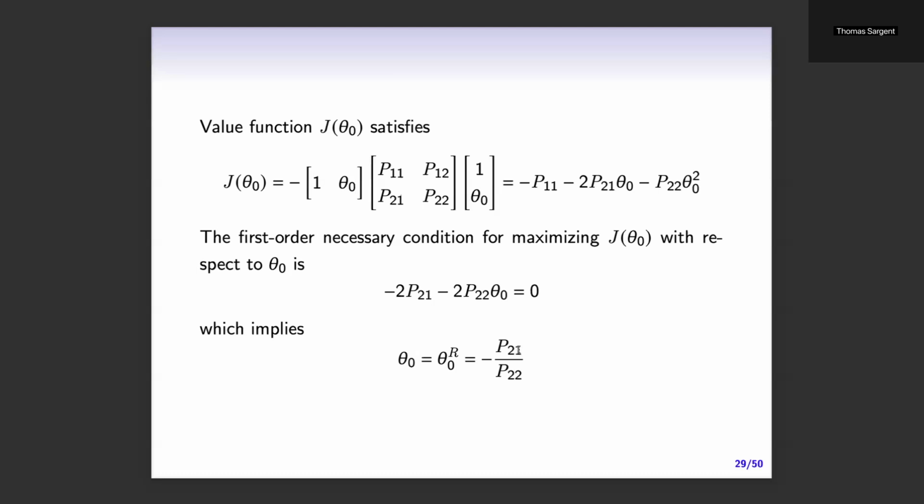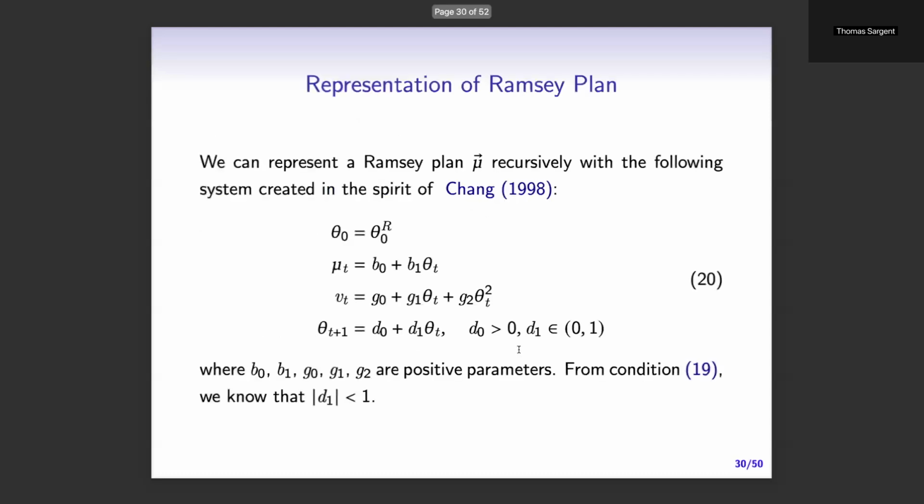It's beautiful. So now we've represented a Ramsey plan recursively. We've got this initial condition. You got to start it out, initial state, which the Ramsey planner chooses, and then here's our formula. And we discovered all this with machine learning.